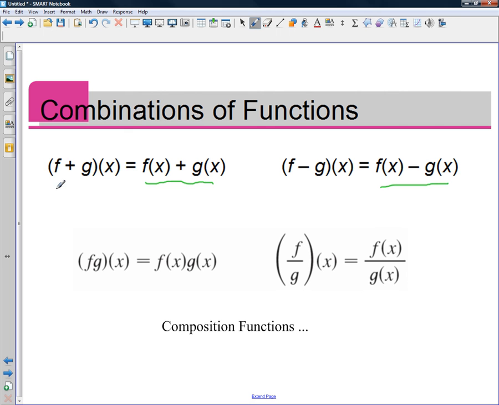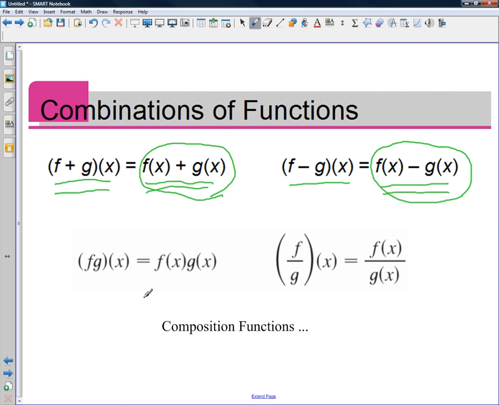And this is two ways of saying the same thing. f plus g of x is like saying f of x plus g of x, or f minus g of x is the way we read it, and it's the same thing as saying f of x minus g of x. Now this will be more typical, what's over here on the right with both of these.